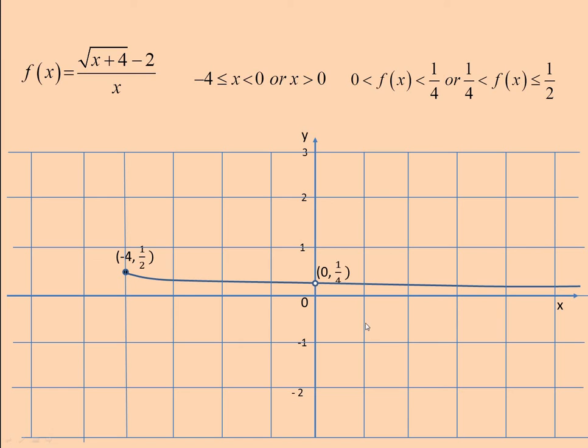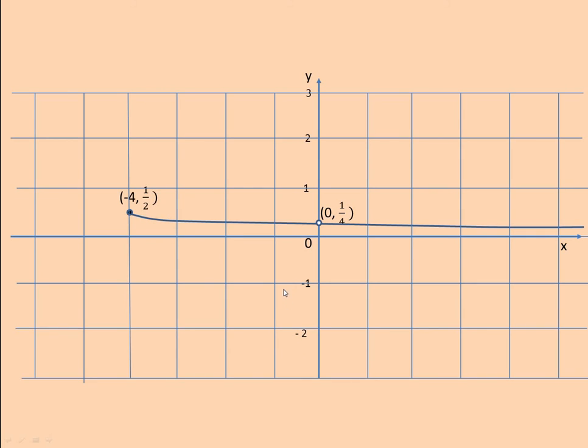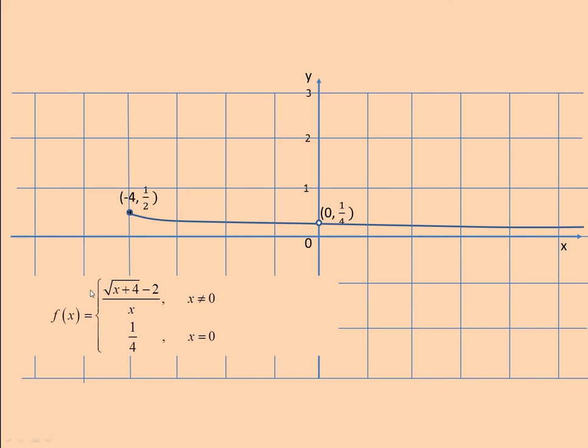But this kind of discontinuity is a removable discontinuity. There is a method to remove the discontinuity. You can redefine the function such that the circle is filled up. Okay. For example, you see here, this is the original function. The function is not defined when x is equal to 0.